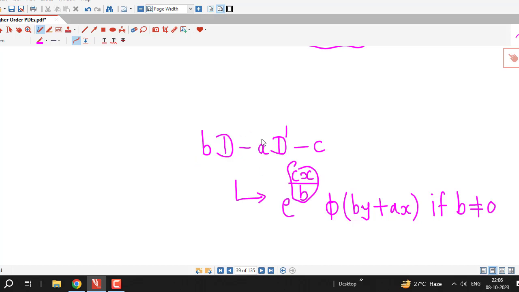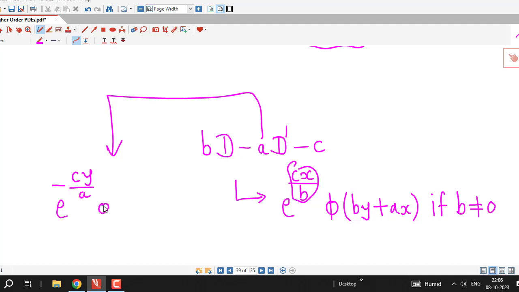So in that case we will check whether the coefficient of D' is non-zero or not, and if the coefficient of D' is non-zero, then the general solution will be e raised to cy divided by a times an arbitrary function of by plus ax, and here a is not equal to 0.